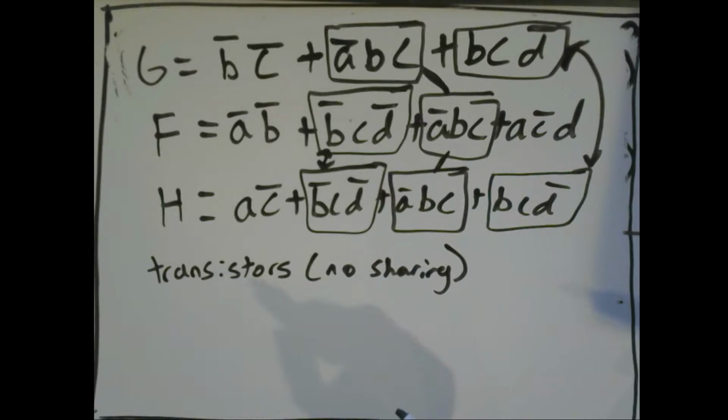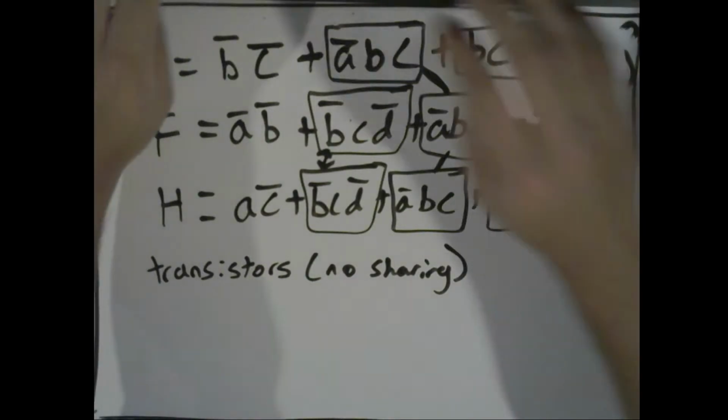We can go over calculating transistors. So I'm not sure how Dr. Kogan's doing it now. When I was taking the class, each gate kind of translated into 2 transistors.